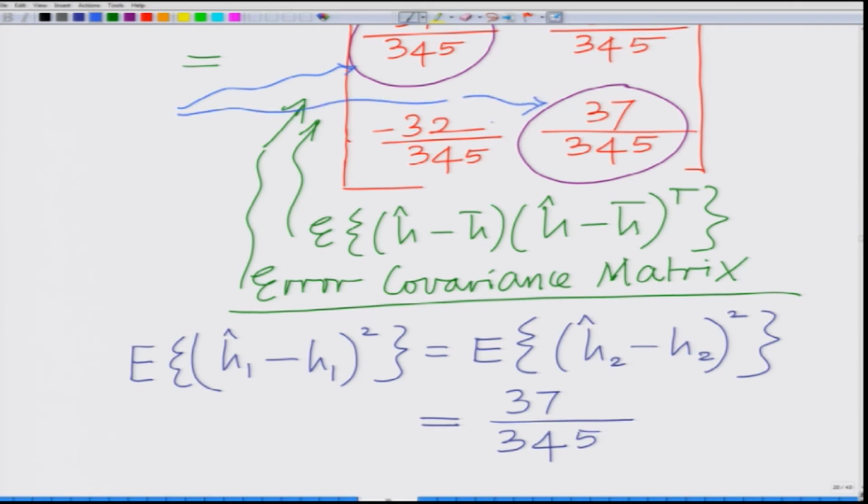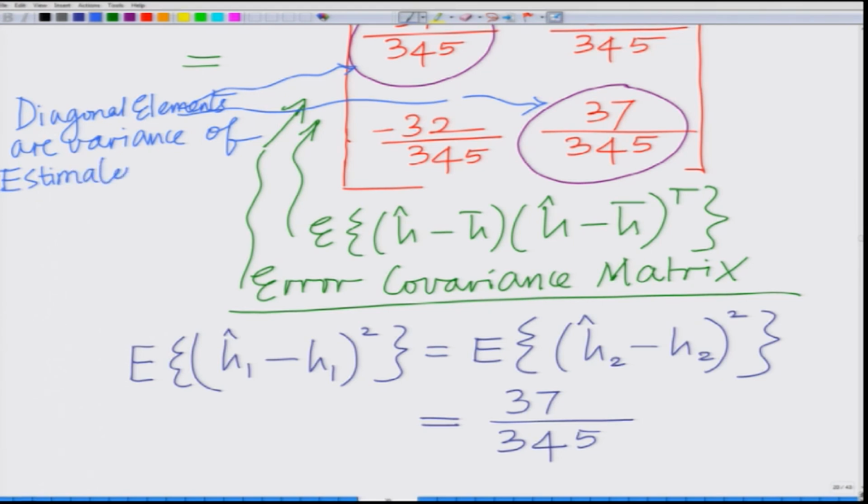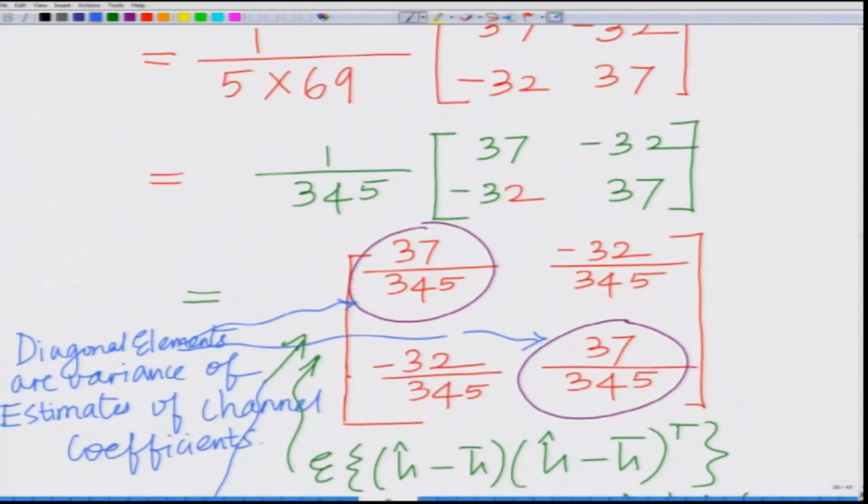These diagonal elements are basically the variances of the estimates of the channel coefficients. So, the diagonal elements are the variances.